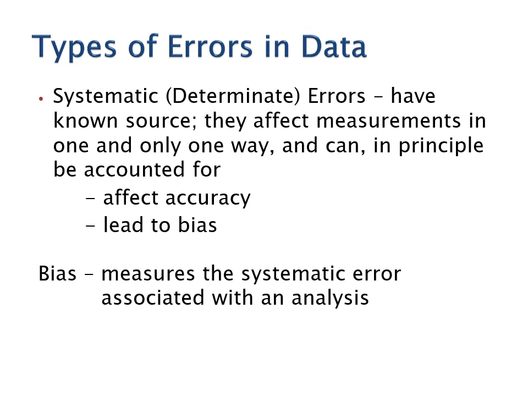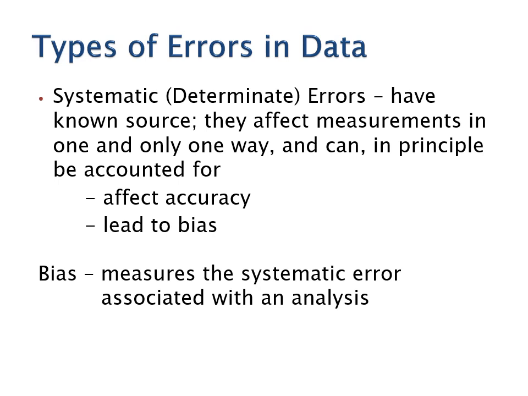So next we have systematic or determinate errors, wherein it has a known source and they can affect measurements in one and only one way and can in principle be accounted for. So for example, yung ginamit mo na analytical balance for weighing your sample is luma na and may kalawang na sa loob.